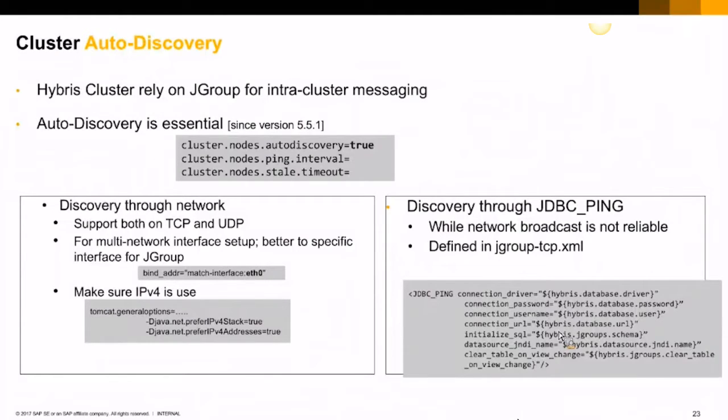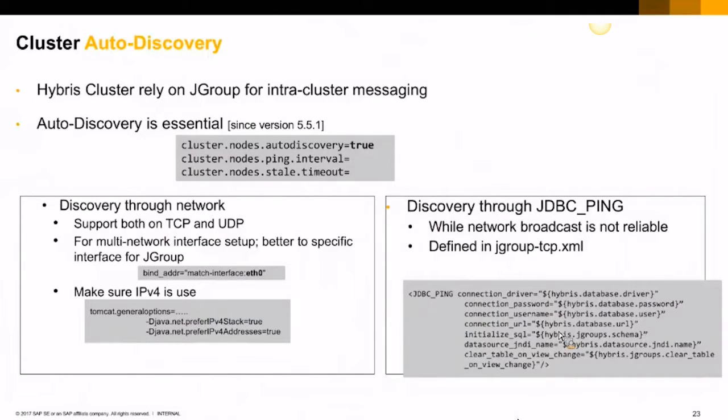If the settings are incorrect, the broadcast message goes into a different subnet, the message will be lost, and you will lose the capability to find a new node within the cluster. Also, in some network setups, we have to specify in the Tomcat JVM that we are using IPv4, to ensure the network is translated and our settings are in place properly.